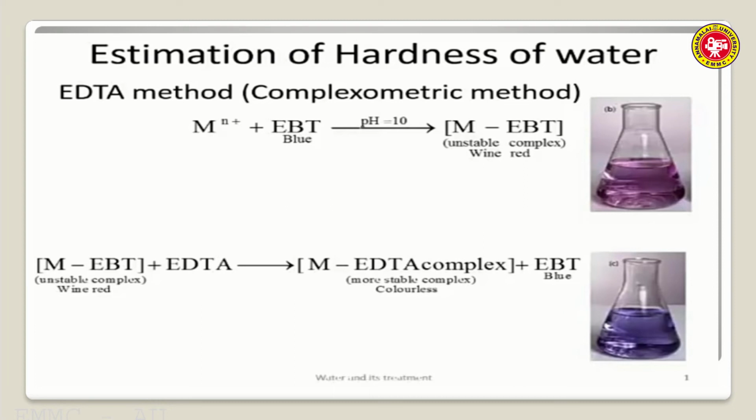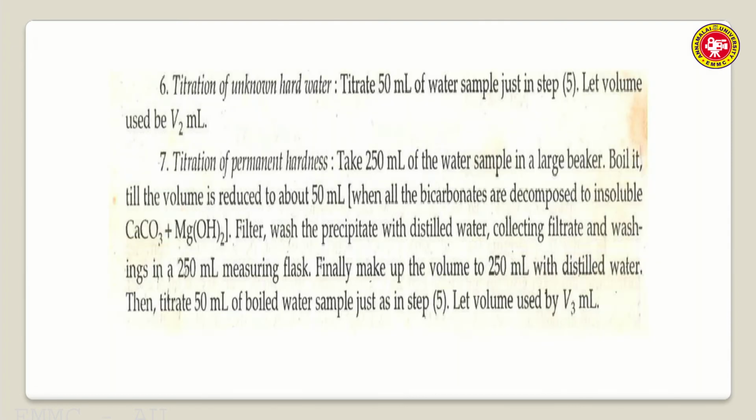Next, when you treat this with EDTA from the burette, adding EDTA drop by drop, this metal EBT complex is broken down and a metal EDTA complex is formed. Why? This is more stable compared to metal EBT. So the metal EDTA complex is more stable compared to EBT. This EBT which is coming out is responsible for the blue color.